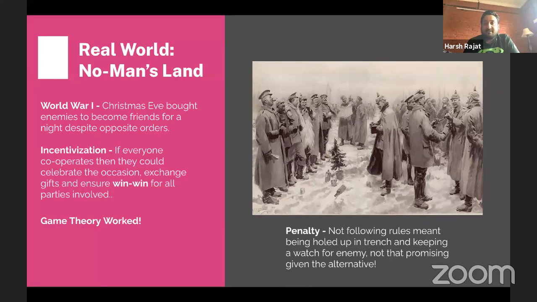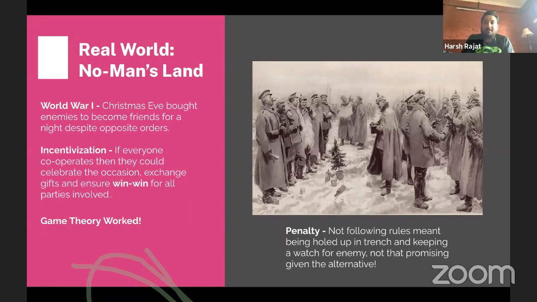Let's look at the real world scenario of no man's land. This is a picture of a battle between Britain and Germany. This was World War One, and of course they were on opposite sides, Britain and Germany, and they were fighting.